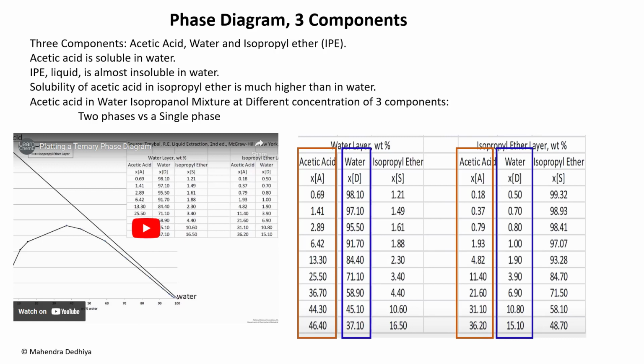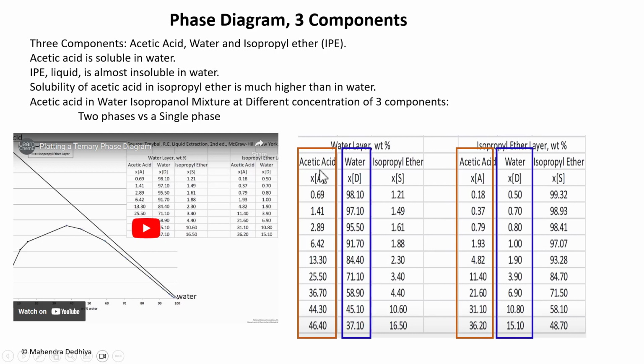We know that isopropyl ether and water won't mix, so there would be a layer of isopropyl ether and a layer of water. We can analyze the amount of acetic acid in the water layer and correspondingly in the isopropyl ether layer. The data is shown here.